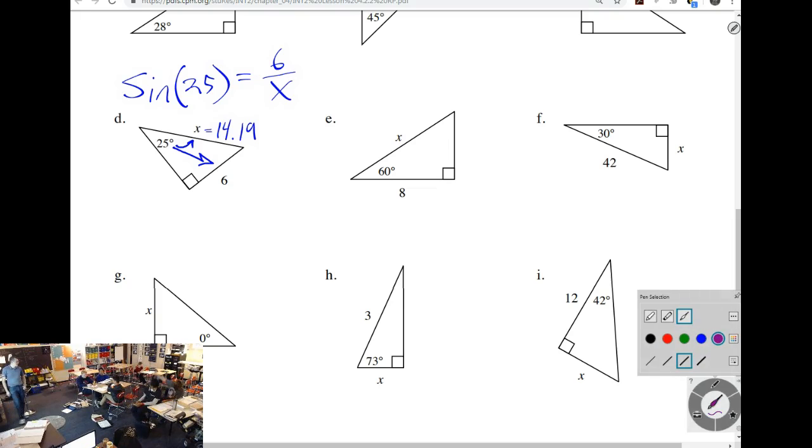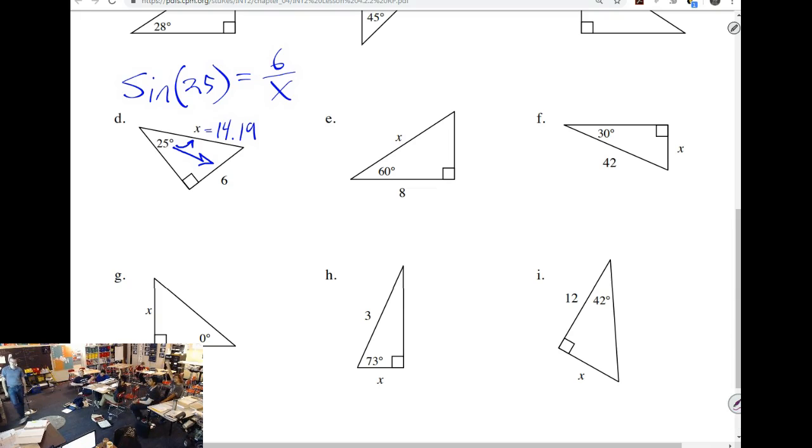We have a special right triangle. In a 30, 60, 90, remember we have a relationship here to here and here to here. Compared to the short side, what is this leg? Or sorry, double.